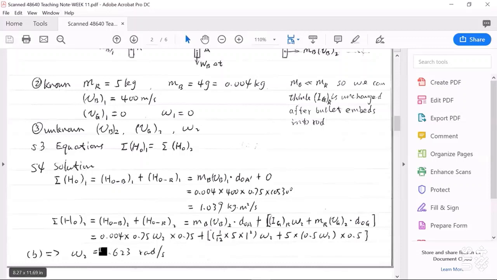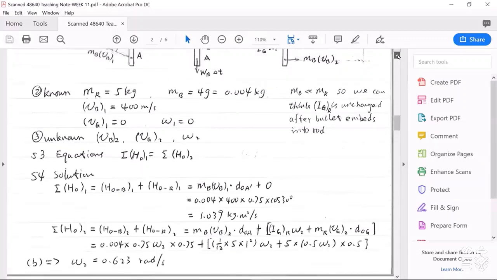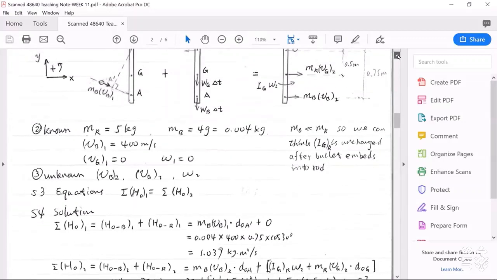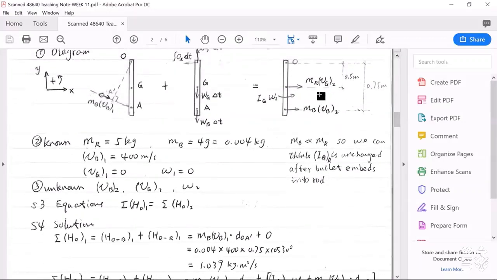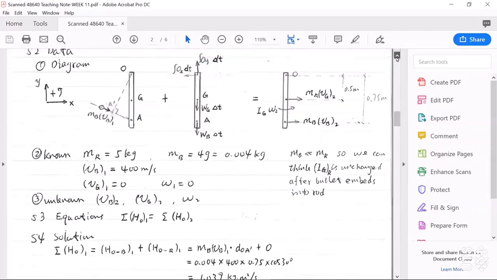Okay, this calculation result is positive. And that means the indicated or observed direction of omega 2 in this diagram should be correct. Should be counterclockwise according to this defined coordinate system.